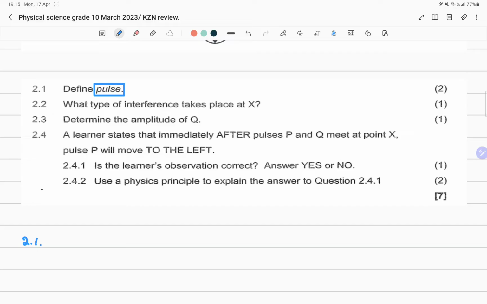Okay, so we can say a pulse is defined as any single disturbance that moves in a medium. Okay, so that is the definition.